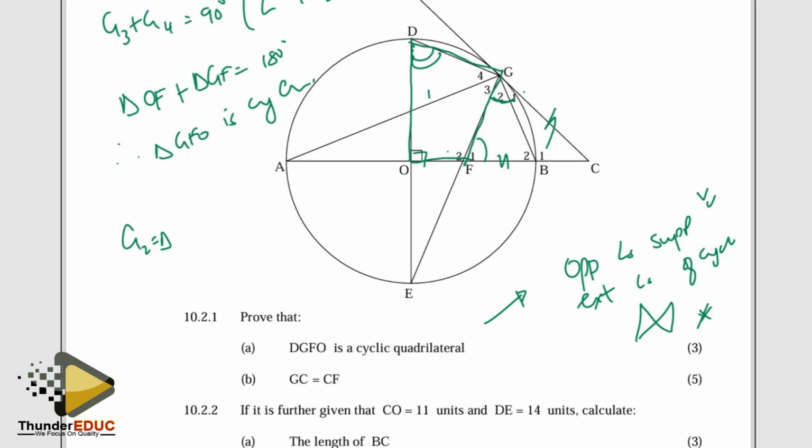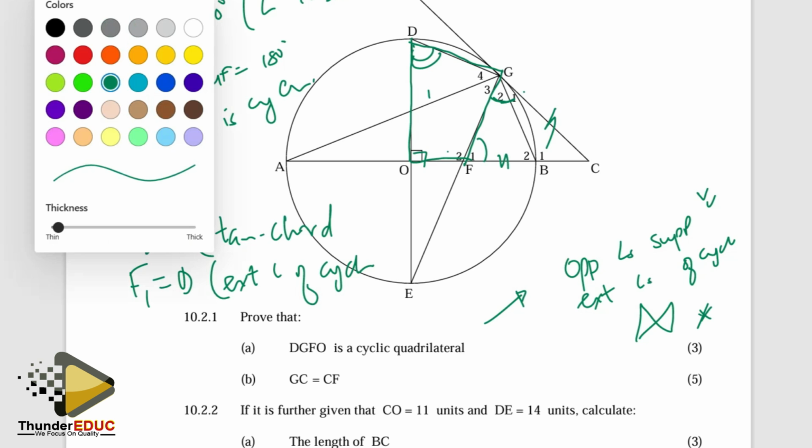Then what else do we see? I haven't been sorted. How many marks is it? It's 5 marks. Why is it so much? Okay, so I'll say that's a tan chord. But then we know that F1 is the same as D. The reason is going to be the exterior angle of a cyclic quad.